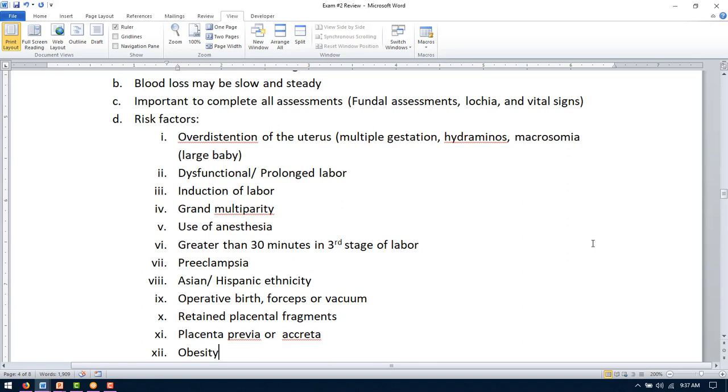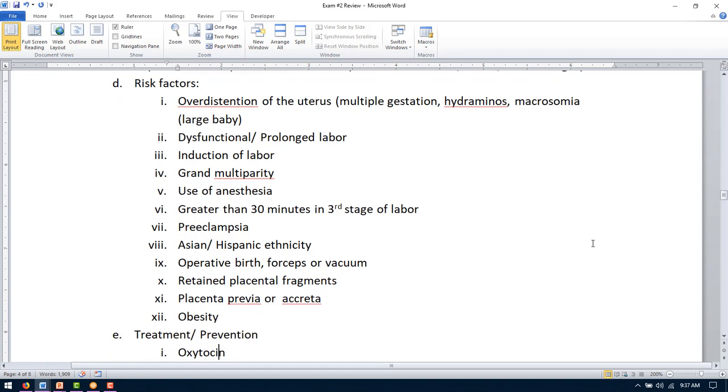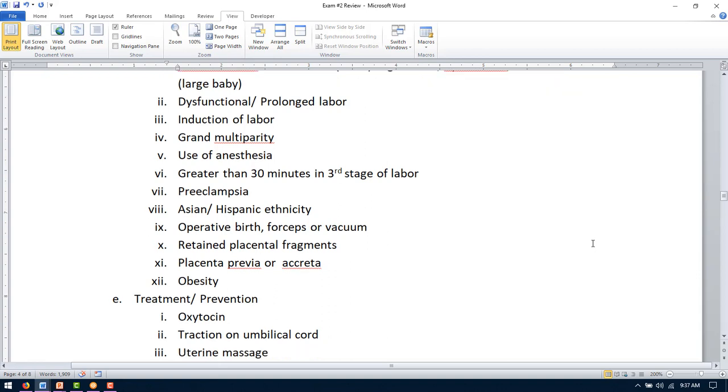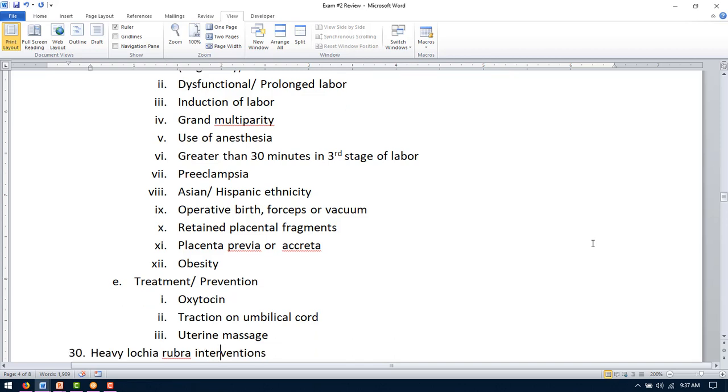Risk factors: if the baby's big, or a lot of fluid, or there's a couple of babies in there, or 3 babies. If their labor is prolonged, if they were induced into labor, if they've had lots of babies. Anesthesia can also increase it.